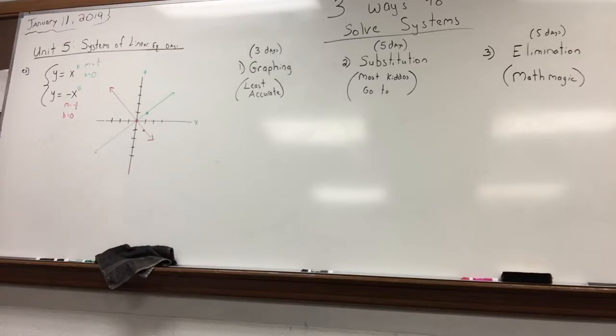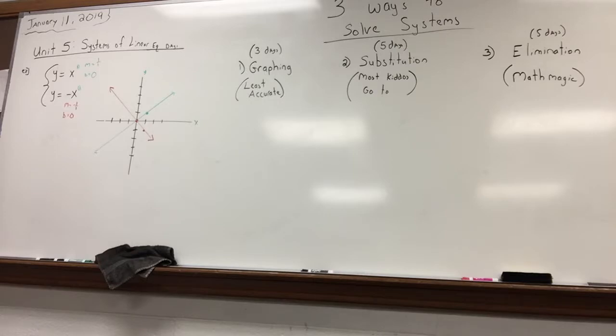There is one solution to this system. Can anybody guess why there's only one solution to this system? Looking at the graph, why do we think there's only one correct answer?